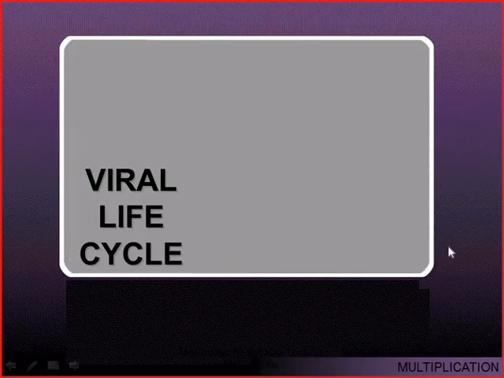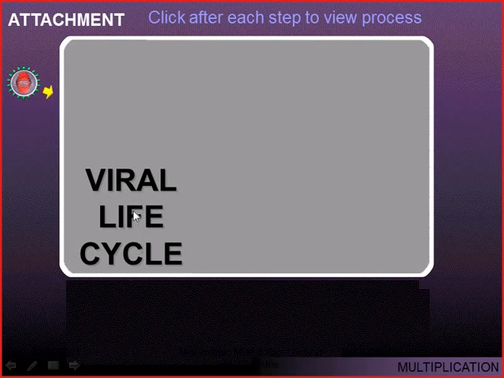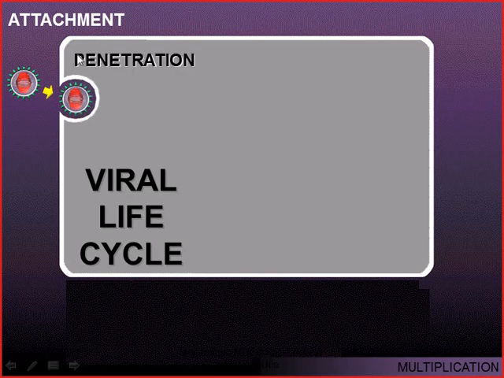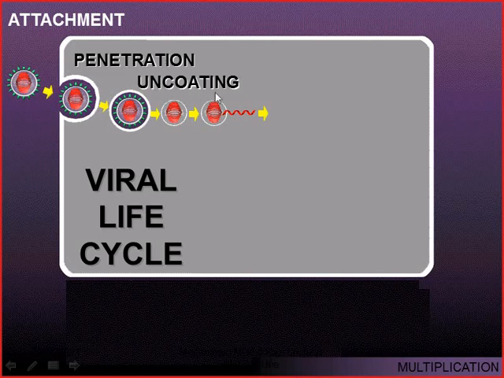How will you diagnose? First we will see what happens. Carefully see the diagram. Viral life cycle: how the virus enters into the cell. First is the attachment. Next, once it penetrates, it releases or uncoats its nucleic acid. When the nucleic acid has entered, you can see here the signaling, the host cell giving signals. The green dots and lines here are the signal given by the host that I am infected.